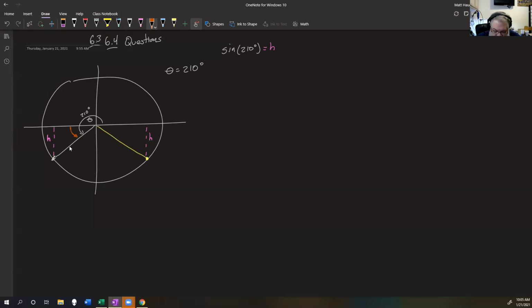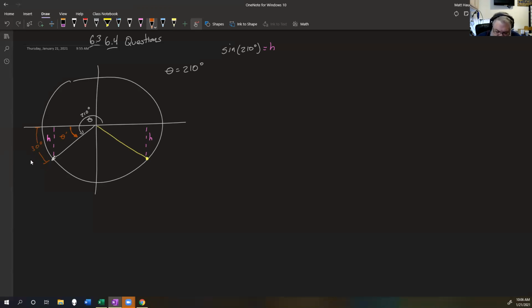That little reference angle is technically called theta prime, if you're curious. But that reference angle, do we know how many degrees it is? 30. It's got to be 30. Take the 180 away from the 210. This little angle down here is 30 degrees.